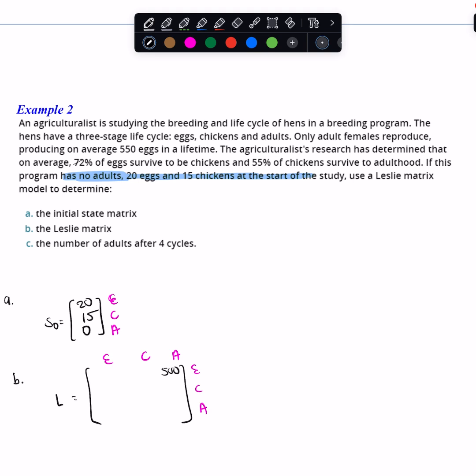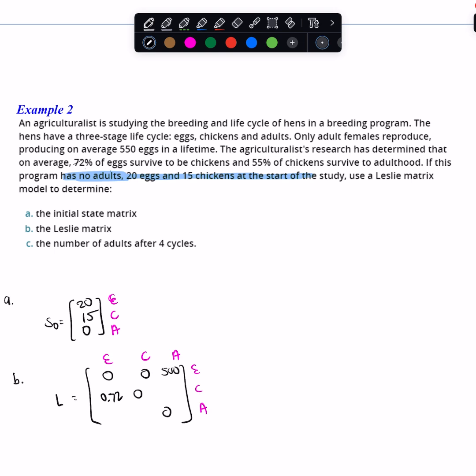Now it says the agriculturalist research has determined that on average 72% of eggs survive to be chicken. So this will be 0 and 0, and the one underneath the leading diagonal would be my first survival rate, which is 0.72.